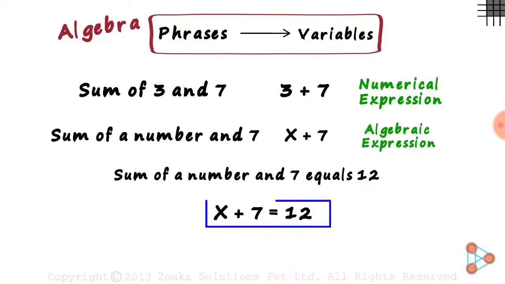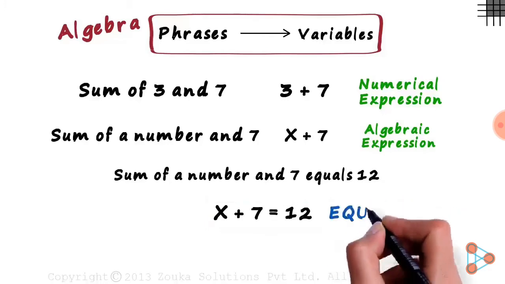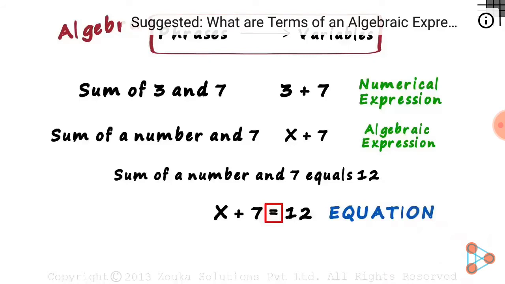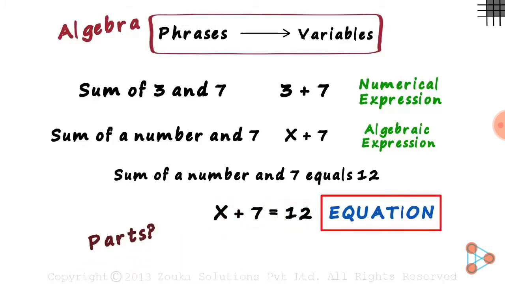We wrote this phrase as x plus 7 equals 12. Is this an expression? No, that's not the case. This is called an equation since it has an equal to sign. It's called so because we are equating two sides, the left-hand side and the right-hand side. What are the different parts of an equation?